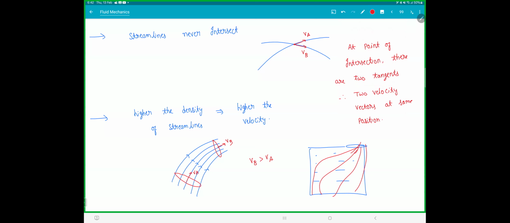Move fast now, you can't block the door. So as they get closer and closer to the door, they start flowing faster and faster. The streamlines don't mix, but they're getting closer. You're getting it? So more streamlines flowing in a lesser area means the liquid is flowing faster. Clear?